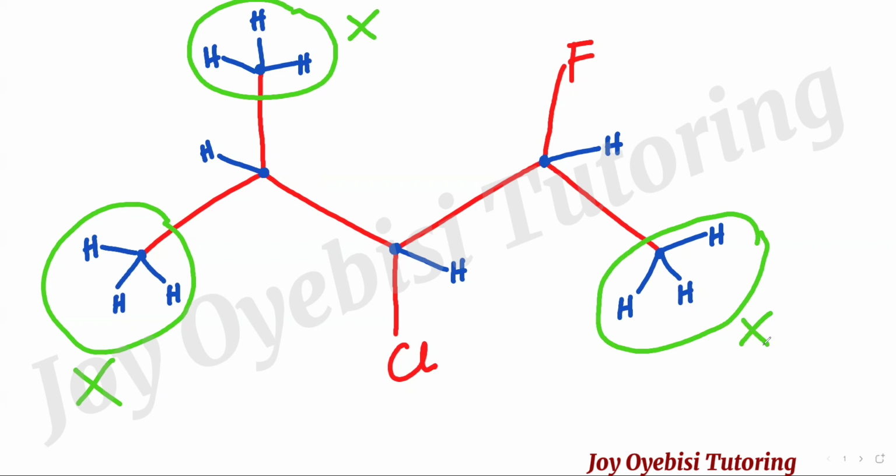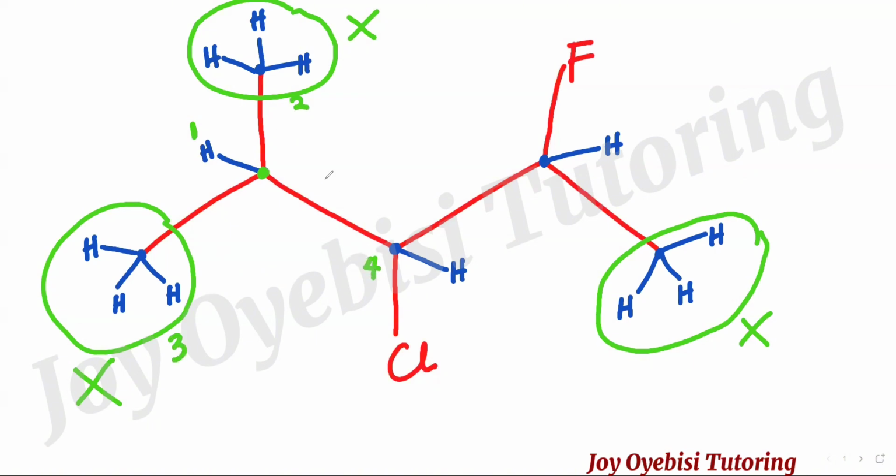So now that we've removed all the ones that cannot be a chiral center, let's look at the ones that we suspect could be a chiral center. So this carbon here has 1, 2, 3, and 4.